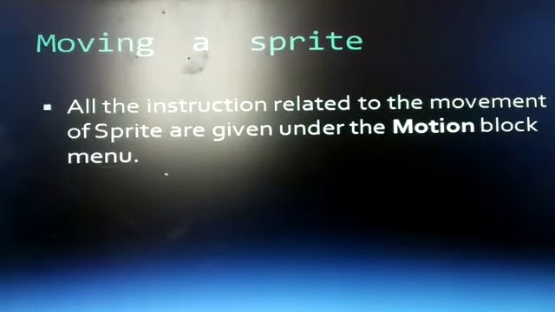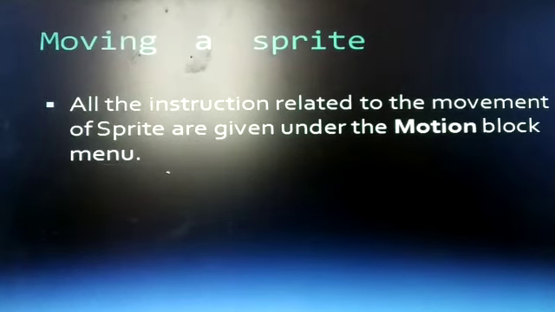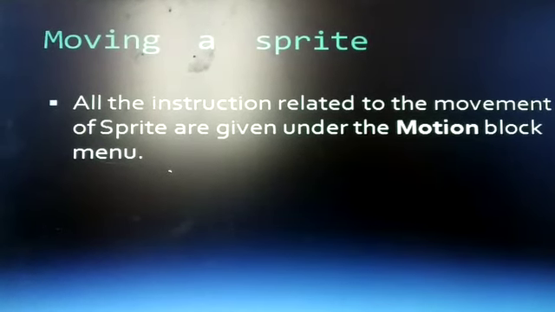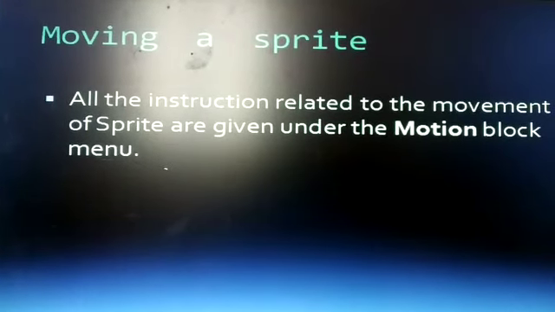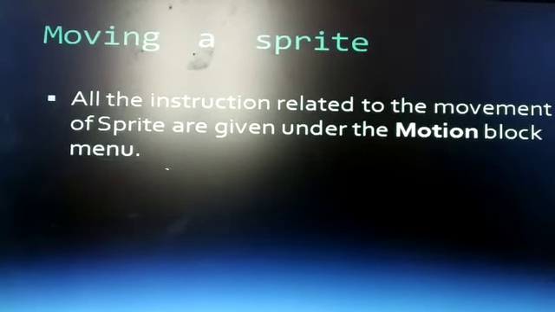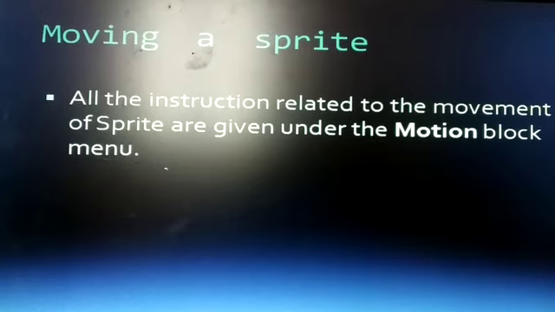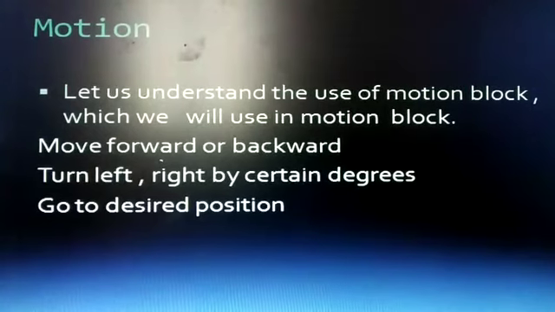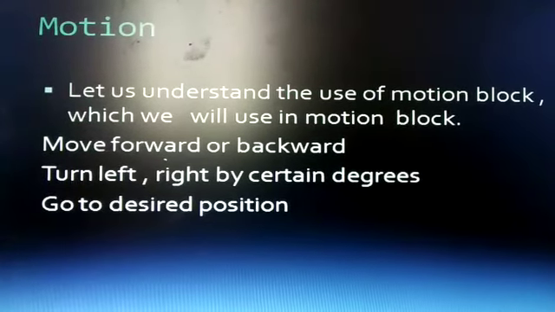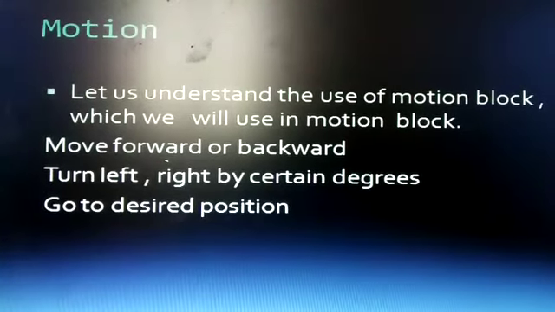Students, moving a sprite. How can we move our sprite on our stage? All the instructions related to the movement of the sprite are given under the motion block menu. Let us understand the use of the motion block.